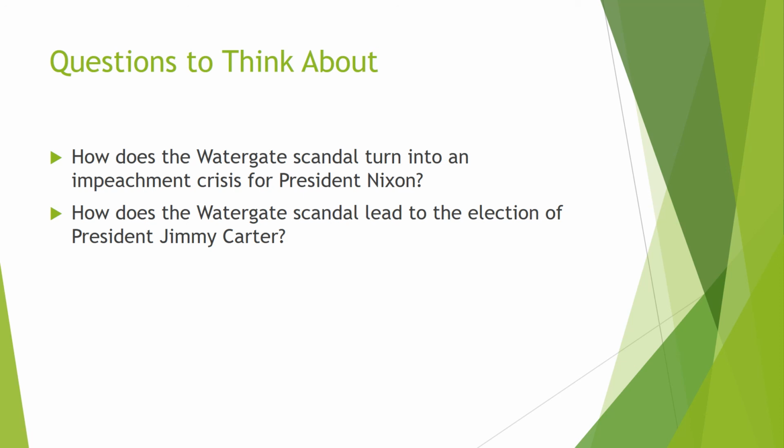But honestly, Nixon had done so much good in the realm of foreign policy that people were willing to go with him again, despite the terrible economy. I mean, we look back at the results of the 1972 election, and we see just how many people supported his re-election. And then how does the Watergate scandal lead to the election of President Jimmy Carter?